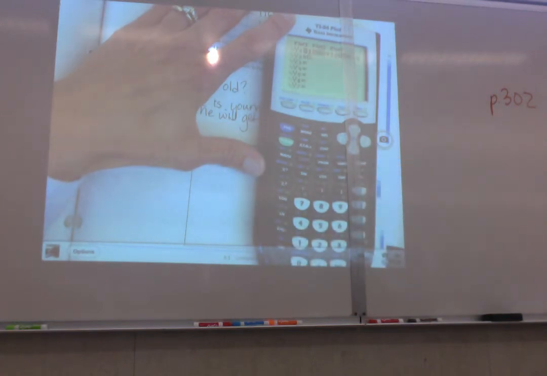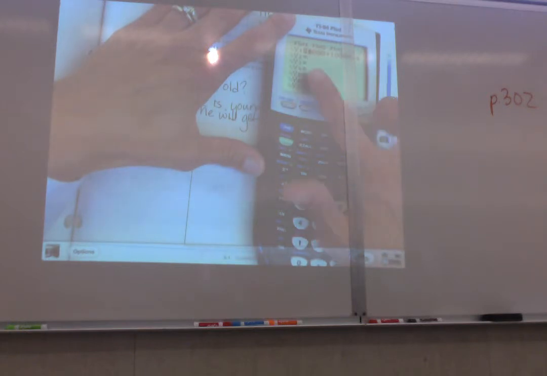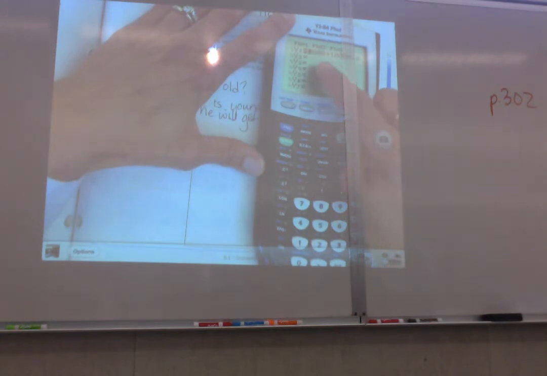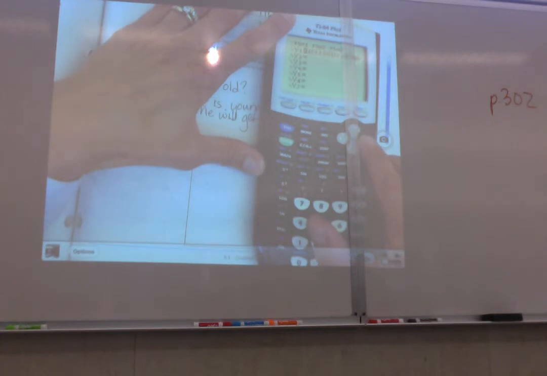Are you with me for Y1? Okay, here it is. This isn't easy, so make sure you're doing it. It helps if you have it in your hand. 1,000 plus 1,000 times 0.05 times x. You use the X, T, theta, n button. Now we put the x in where time was.